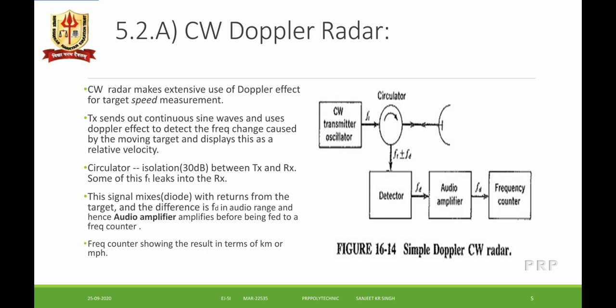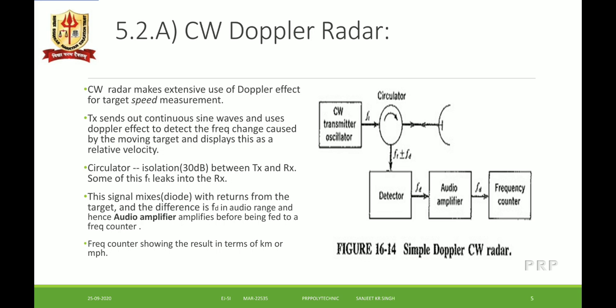So the output of the diode detector is nothing but a Doppler frequency shifted signal, and it is in the range of audio frequency. Therefore we require the audio amplifier, which amplifies the signal before it is fed to the frequency counter.